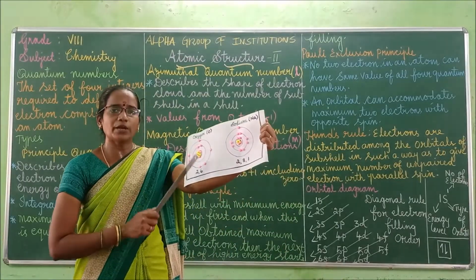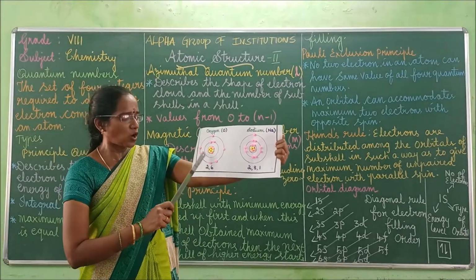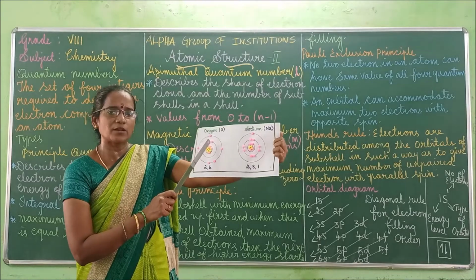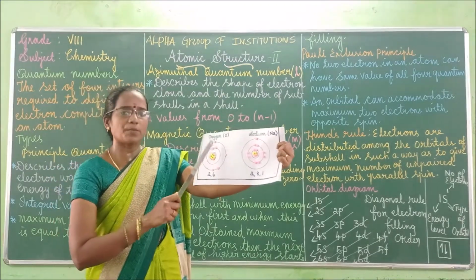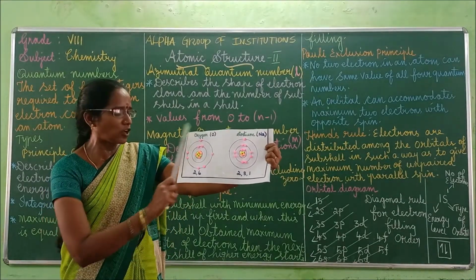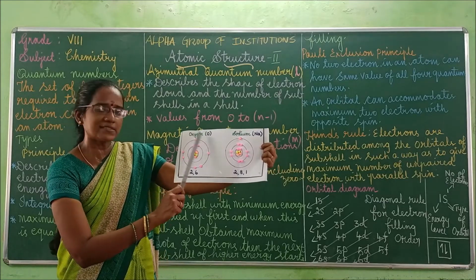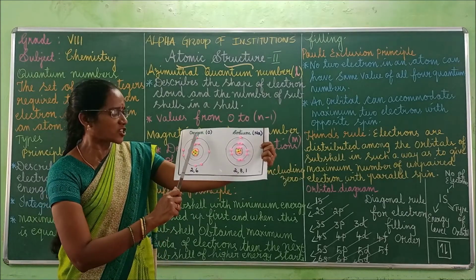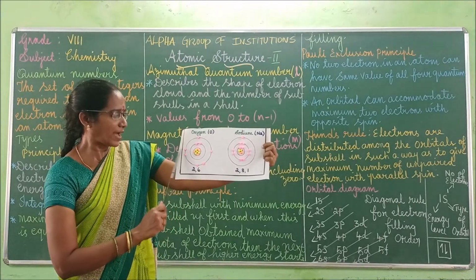Right. So next one is the oxygen element. The atomic number of oxygen is 8, right? So in the first orbit, how many electrons are present? 2 electrons are present in the first orbit, and the second orbit is the outermost orbit for oxygen element. So in the second orbit, 6 electrons are present. 1, 2, 3, 4, 5, 6.